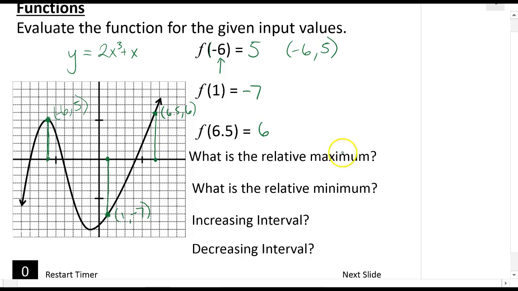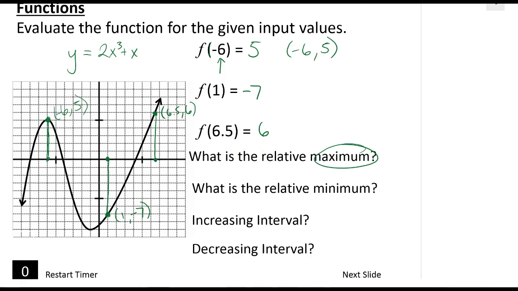Okay, what's the relative maximum? Maximum, again, is the highest point of our graph inside this little window. It's not actually the highest point because this graph keeps on going forever. But within what we're looking at, this main part of the graph, which is the most significant, this little curve here, what is the highest point?